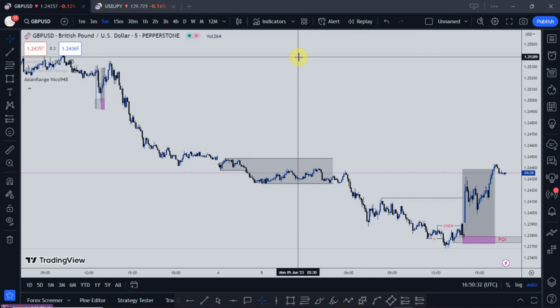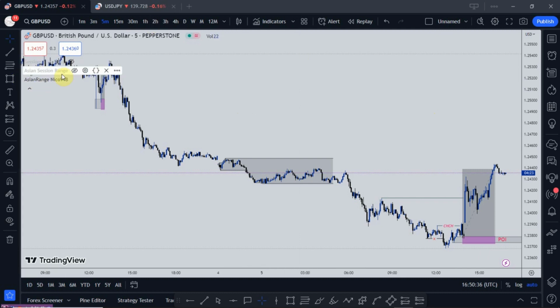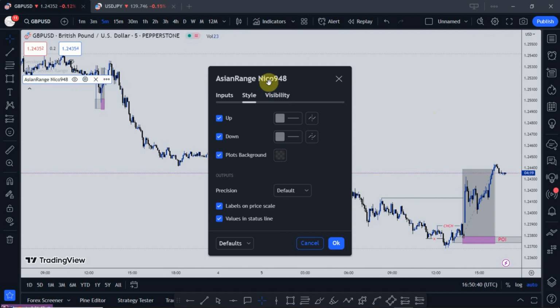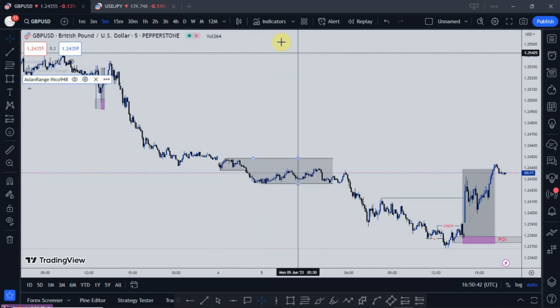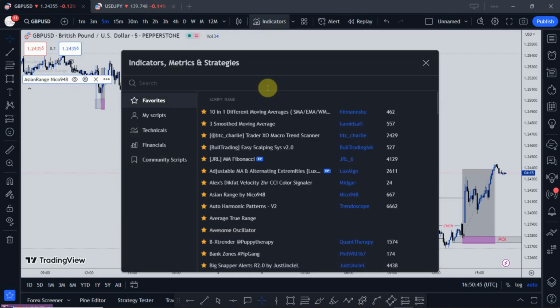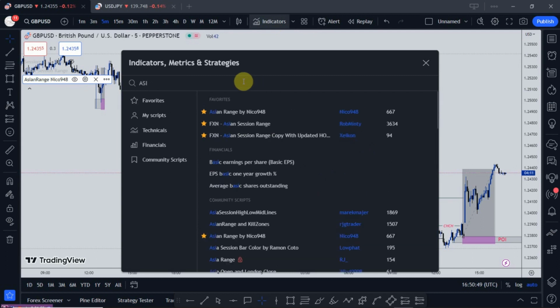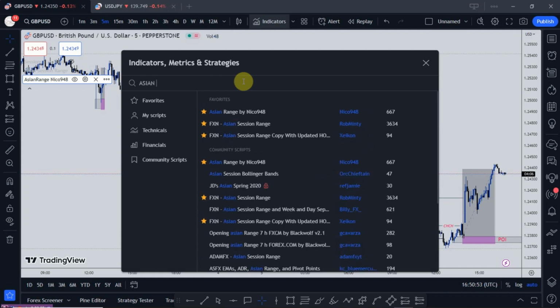Before I introduce you to the strategy, I have to show you the indicator that we are using. We are using the Asian range. You come to the indicator section here and search Asian range. This one, the first one over here.